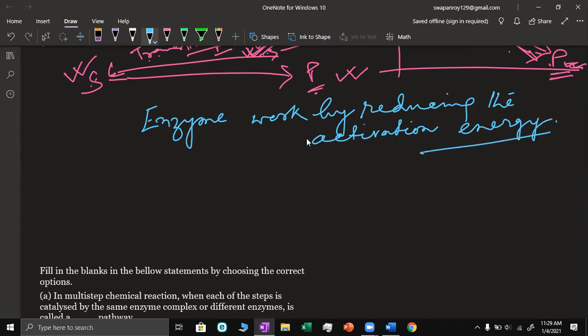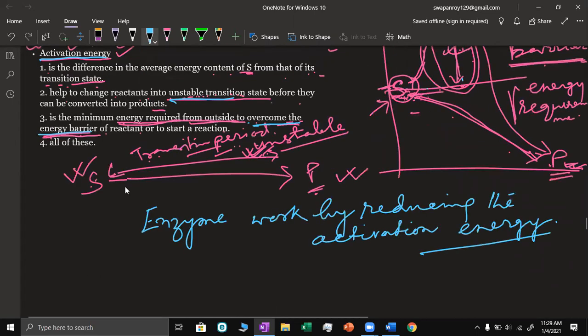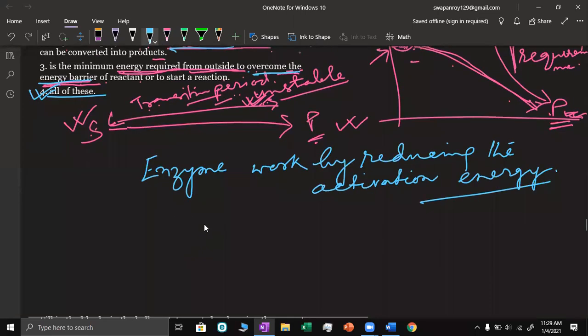Without enzyme, the activation energy is very high. So our answer is that all of these are correct statements regarding activation energy.